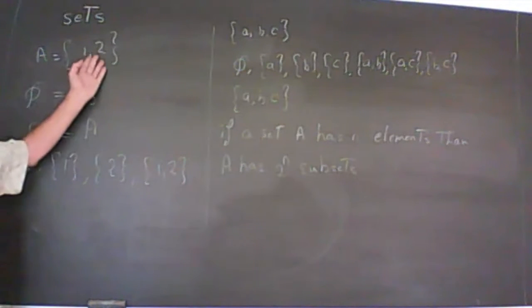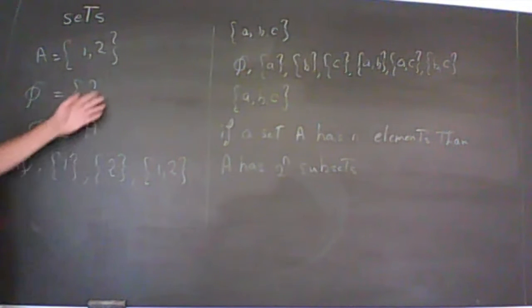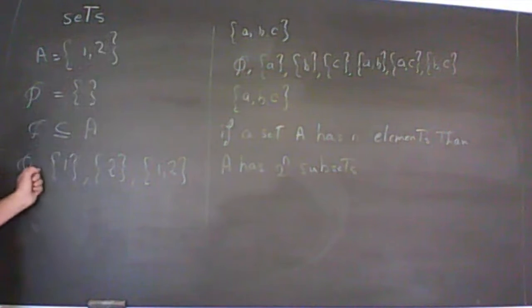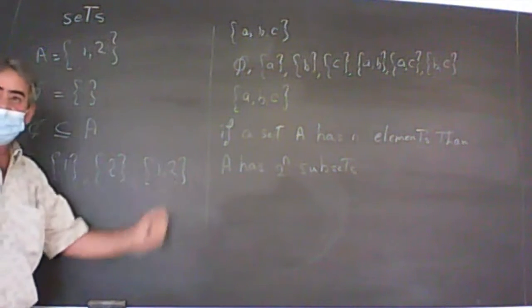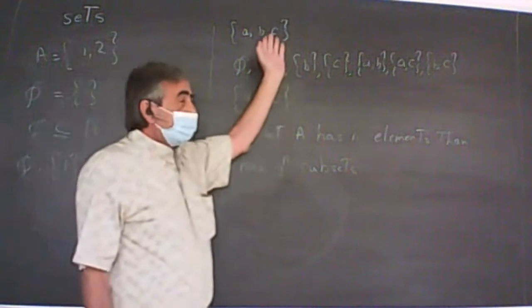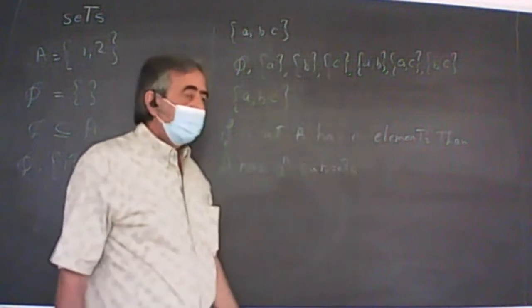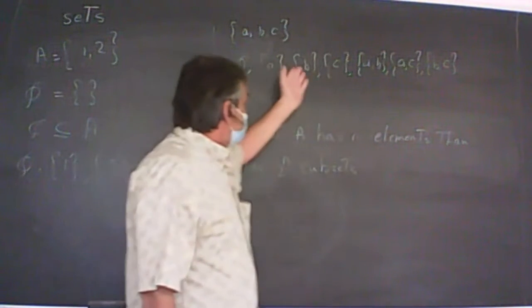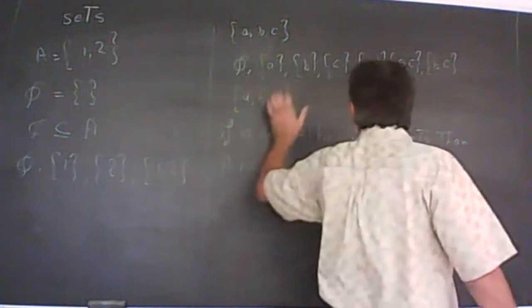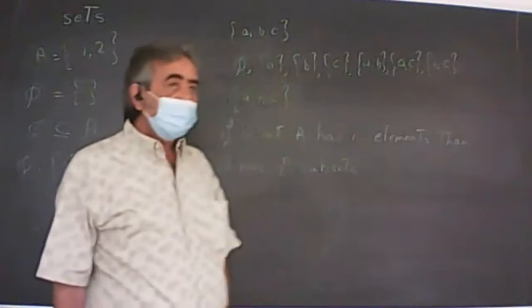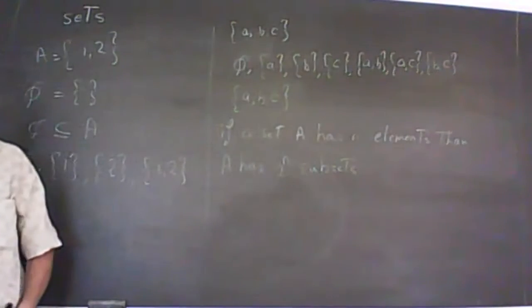Notice when we have 2 elements, 2 to the power 2 is 4, we ended up with 4 subsets. With 3 elements, 2 to the power 3 is 8. So we ended up with 1, 2, 3, 4, 5, 6, 7, 8 subsets. And so on.